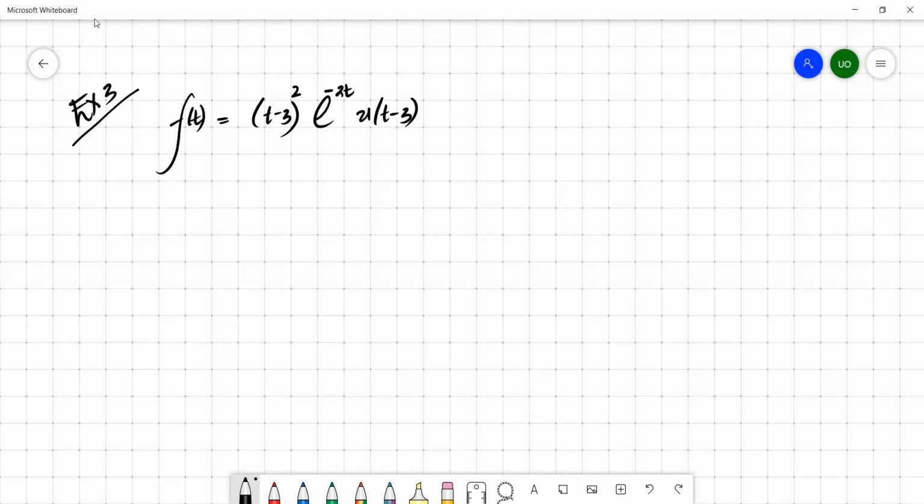You are asked to find the Laplace transform of f(t). So you can use these properties available in the Laplace transform context and apply them to get the Laplace transform of this given function.